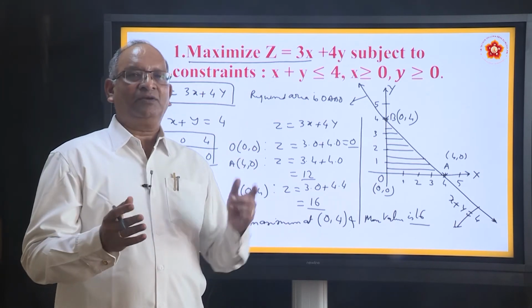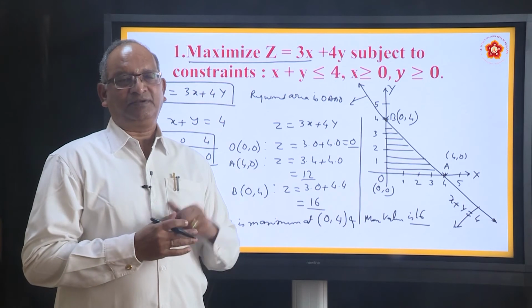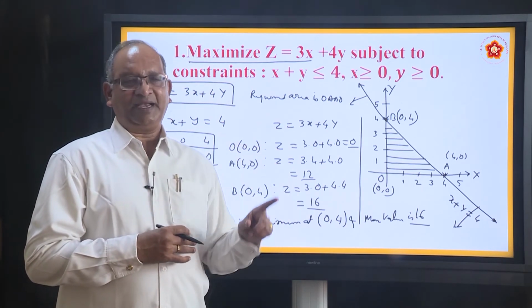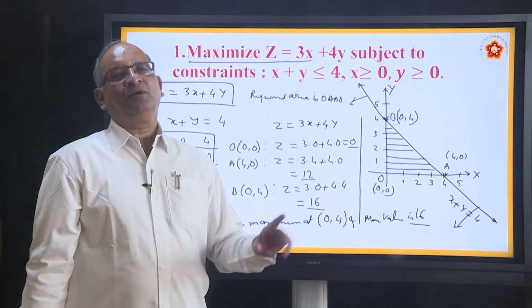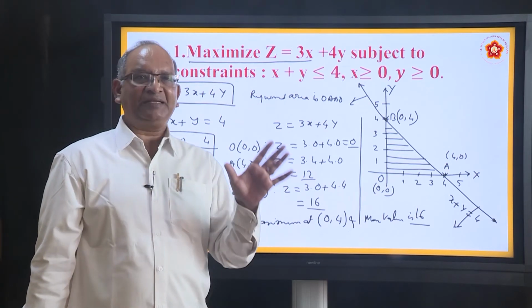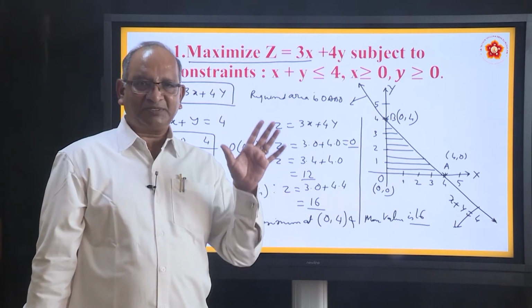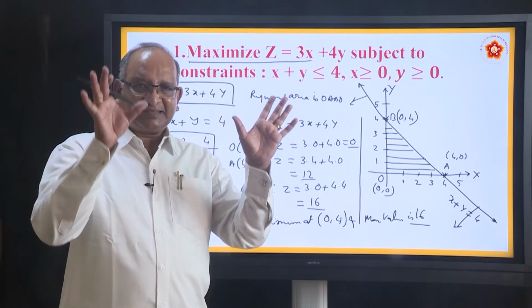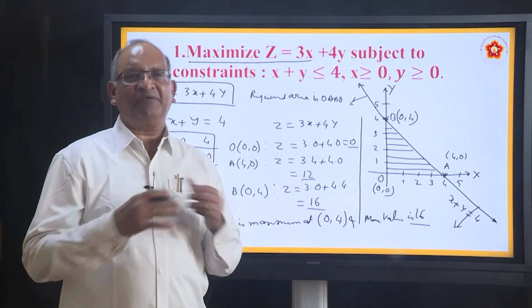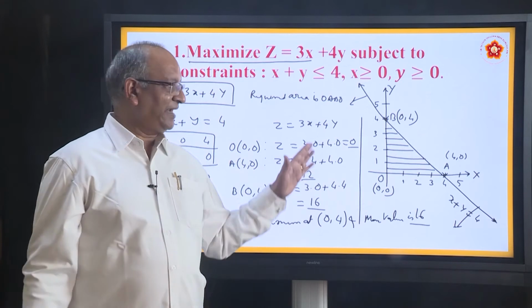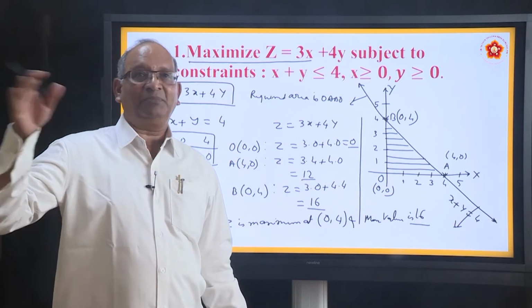Next step is find out the corner points. Next step is find the value of Z for those corner points and then decide maximum or minimum. So the problems are basically long problems. They are not small problems. Problems are big. But these are the same steps we are going to follow in every problem. That makes it easy. We are not going to change the method right from first problem till the last problem of this chapter.